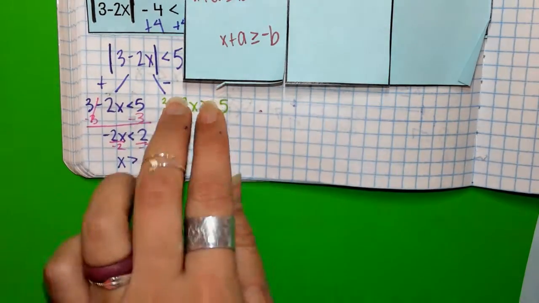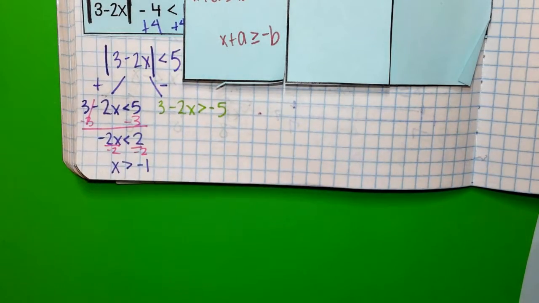Okay, now you guys solve the green side without me. You guys solve the negative side without me. Do the same thing. Solve the negative side without me.